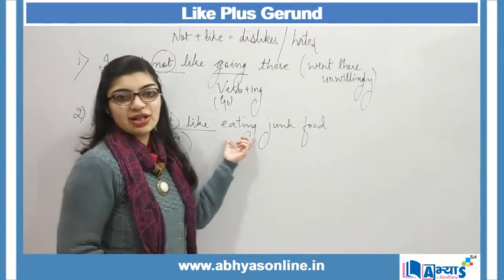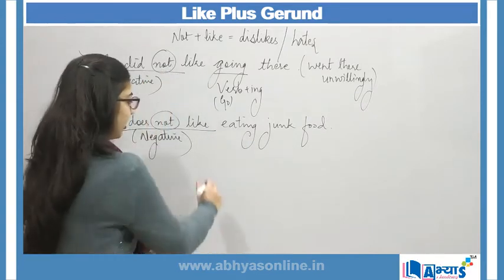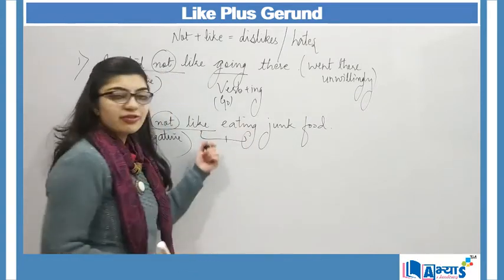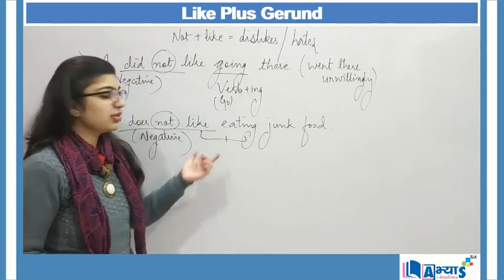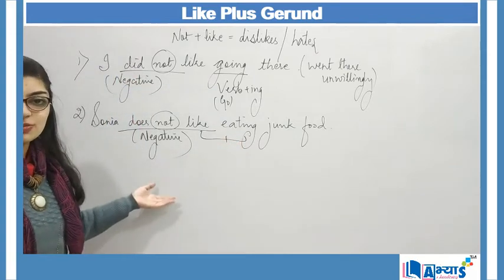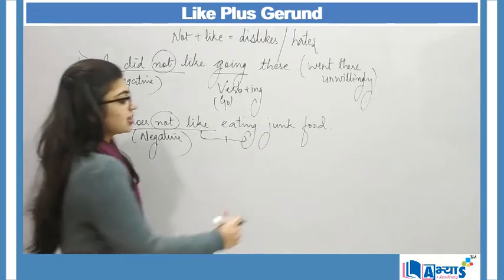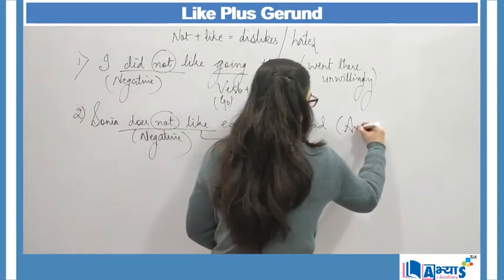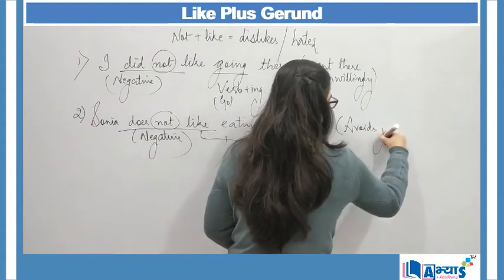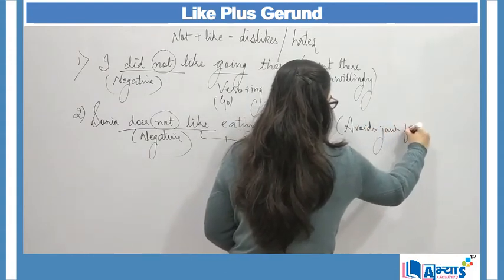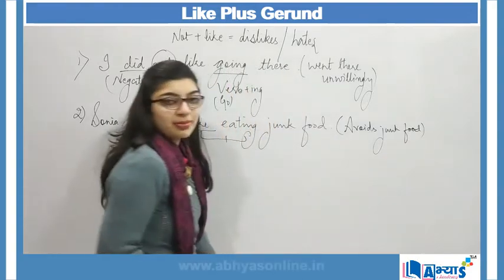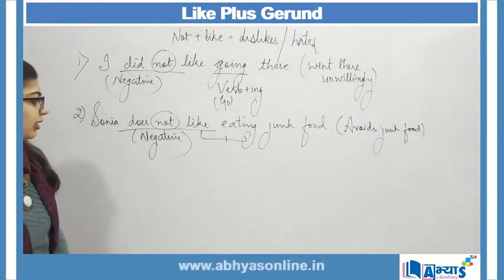Like plus gerund is our current topic that we are talking about. So we have covered that over here, which means that the rules satisfy this sentence. Sonia does not like eating junk food means that she avoids junk food. This is what the meaning of the sentence will be.